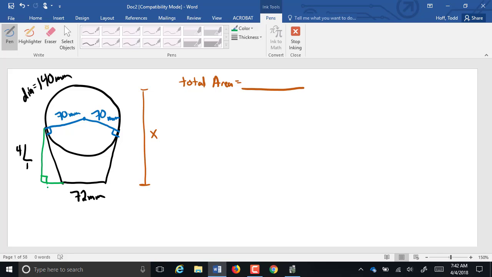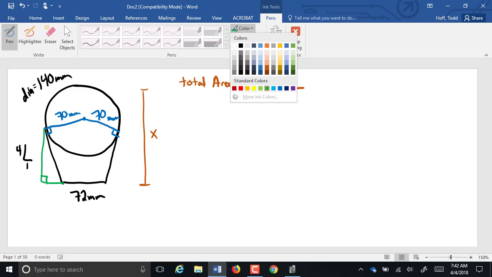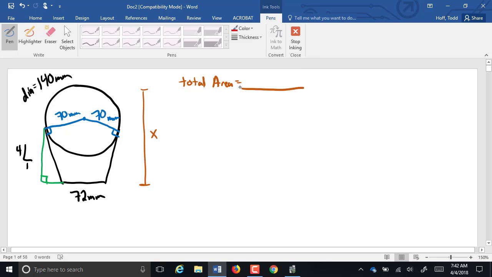What does that 4-to-1 slope tell us? What it tells us is I can treat that as being 4 units and that being 1 unit. Yes, 4 times as tall as it is wide.